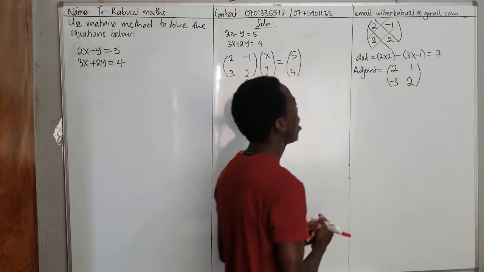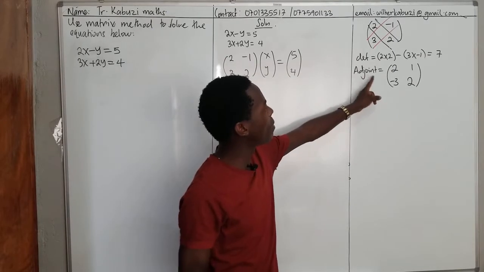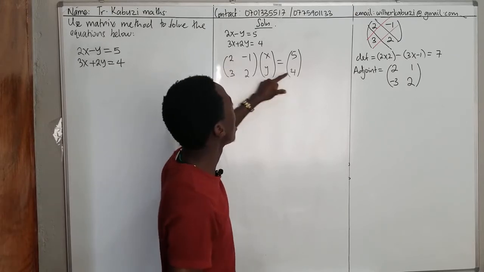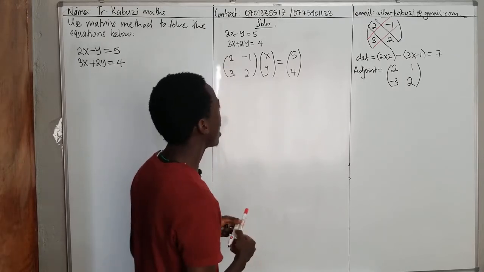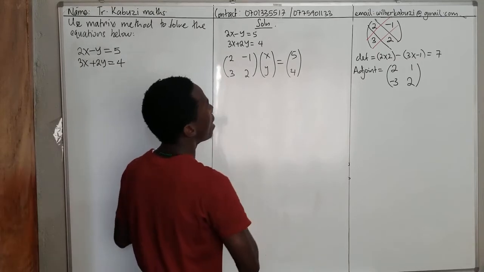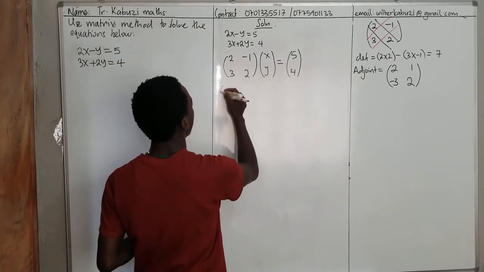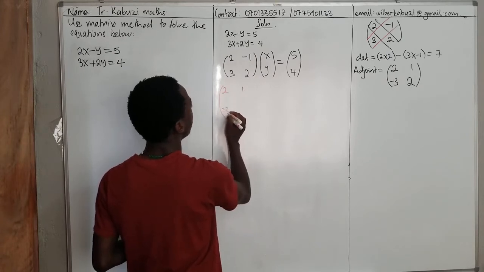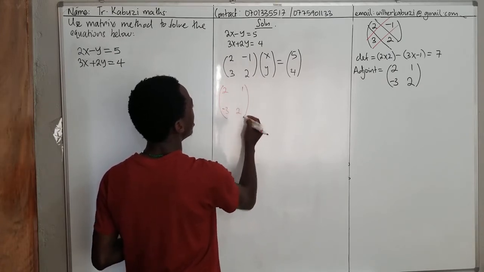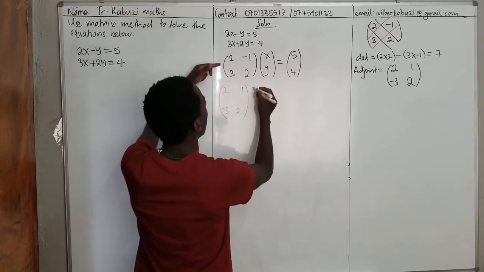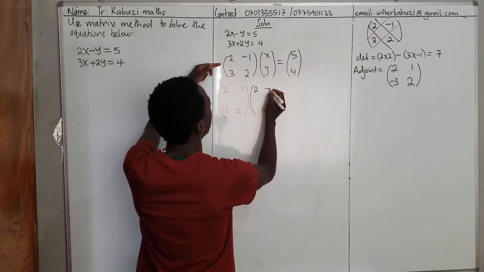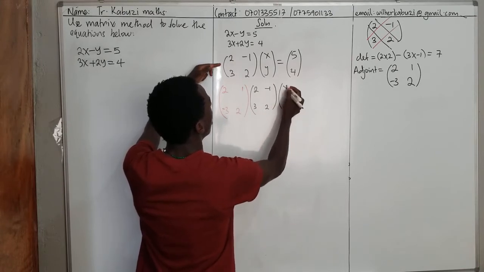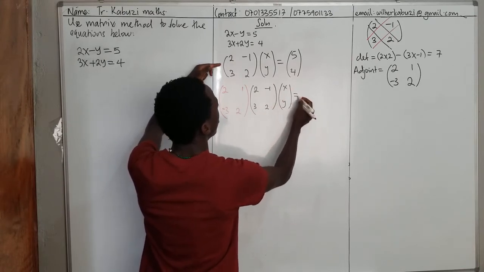That's the adjoint. Now we multiply this adjoint first on the left and also on the right. So if I put my adjoint here, it is 2, 1, -3, 2. I multiply this side first, but remember initially I had 2, -1, 3, 2 times x, y equaling the solution.